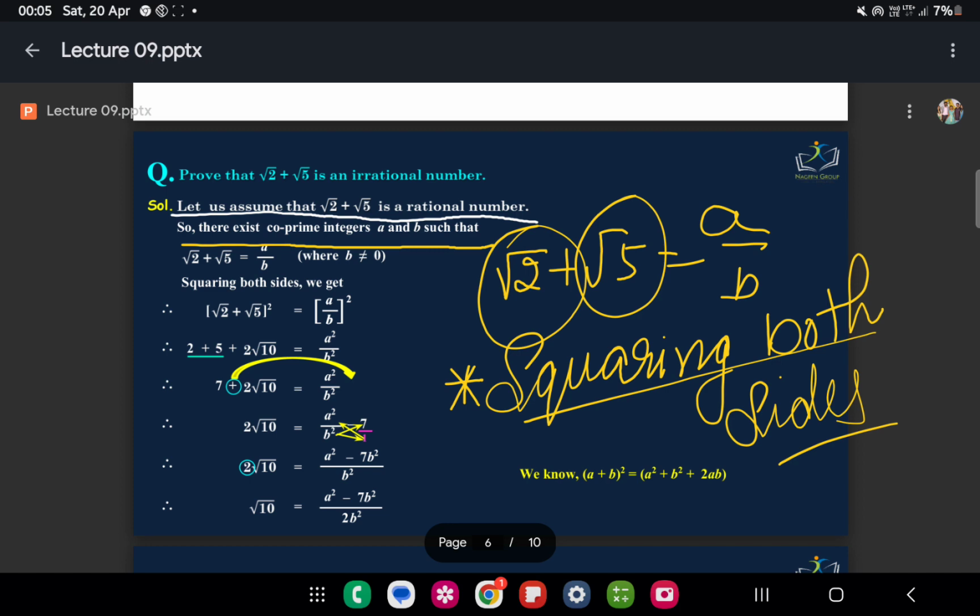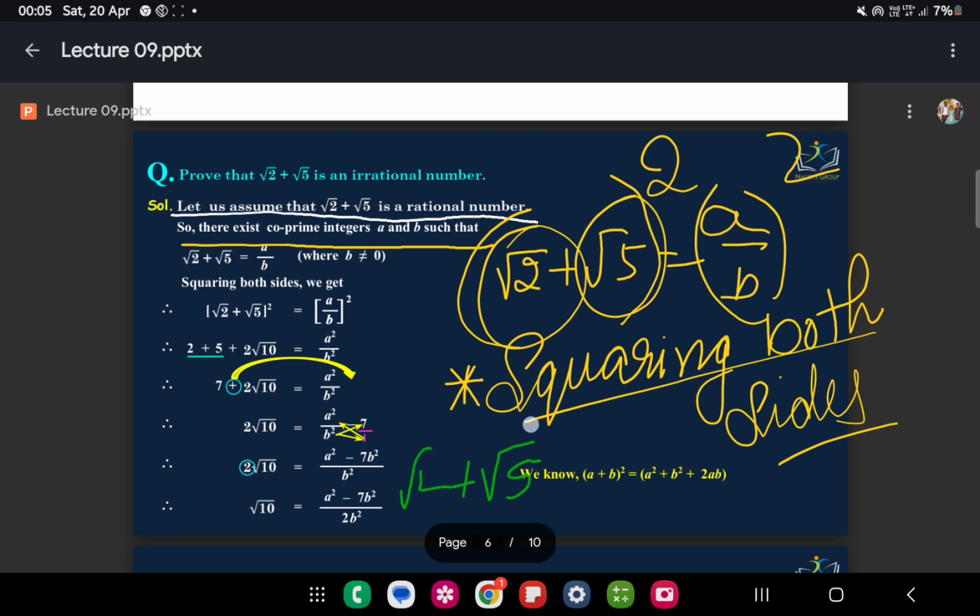Squaring both sides, we get root 2 plus root 5 whole squared equals a by b whole squared. Next, root 5 plus root 2 whole squared is in the form of a plus b whole squared, which is equal to a squared plus b squared plus 2ab.